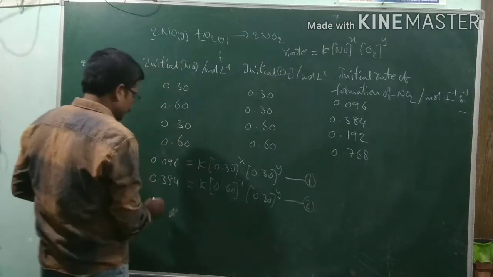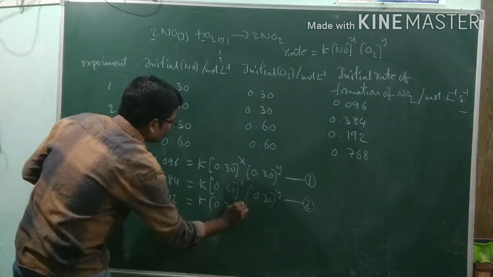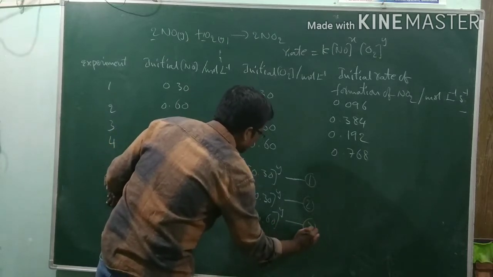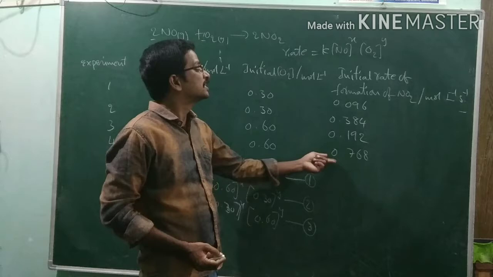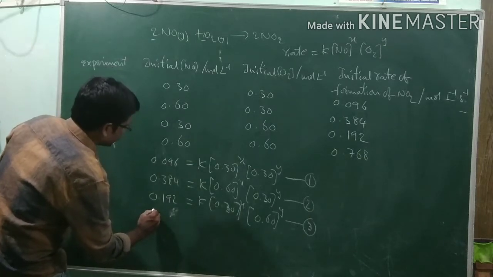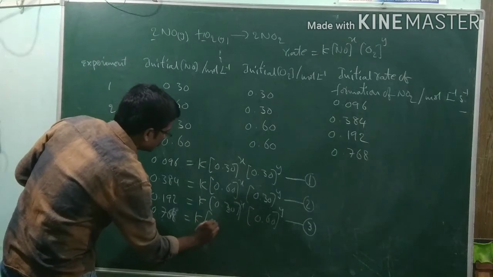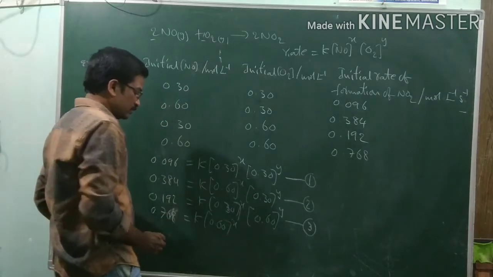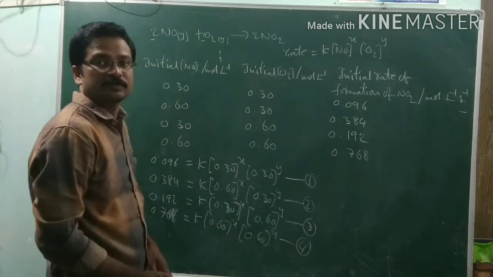Then you may take this one also: 0.192 is equal to K into 0.30 to the power of x, and then 0.60 to the power of y. This is equation number 3. Next, equation number 4: 0.768 is equal to K into 0.60 to the power of x, and 0.60 to the power of y.